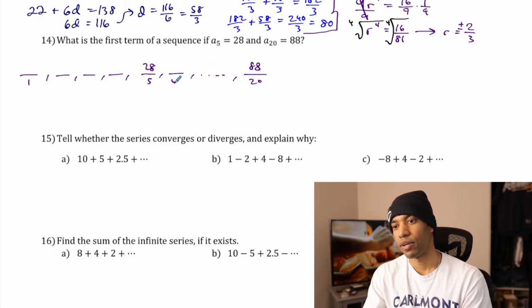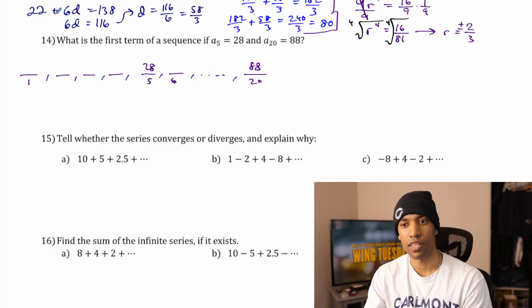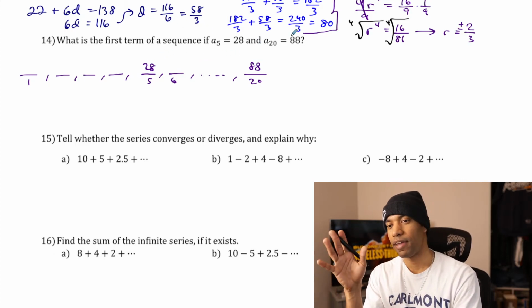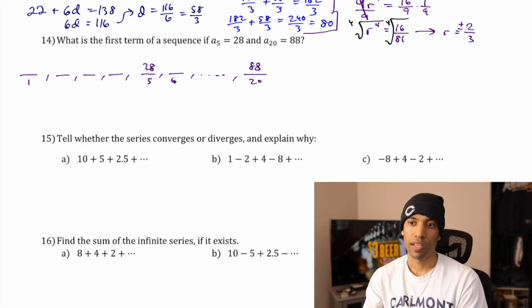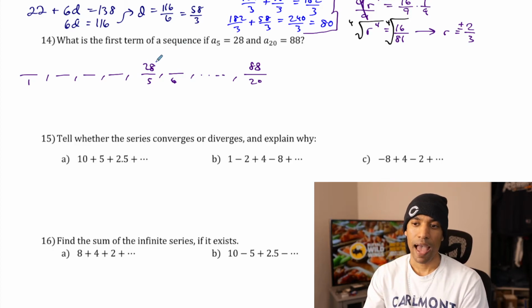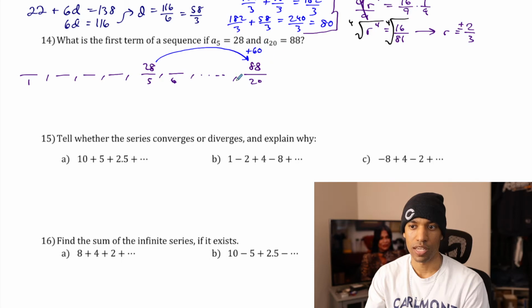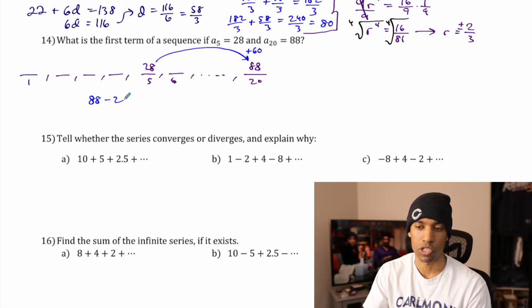When I want to find out a common difference, and this could have been applied to the previous problem, but now they're farther out, I want to state that I'm adding something over and over a certain number of times to get to 88. Ultimately, I added a total of 60 because that is 88 minus 28.